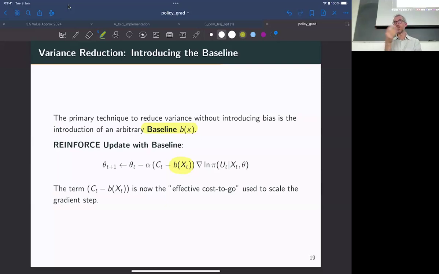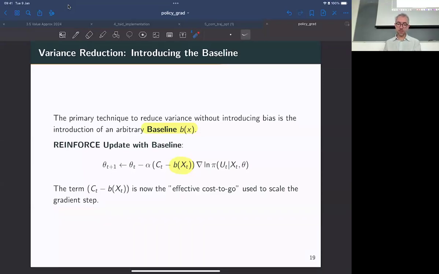It can also be, of course, a constant, because that's a special case of being a function of the state. So what we can show is that if you modify the policy gradient estimate in this way by introducing this baseline that you subtract from the cost to go, you still get an unbiased estimate of the policy gradient, which is, of course, not obvious.